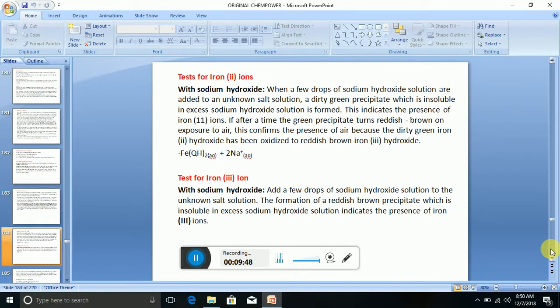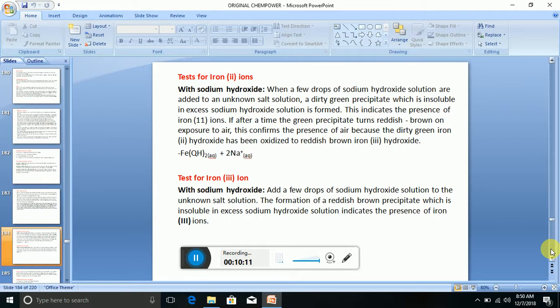Test for iron(II) ions with sodium hydroxide. When a few drops of sodium hydroxide solution are added to an unknown salt solution, a dirty green precipitate which is insoluble in excess sodium hydroxide solution is formed.